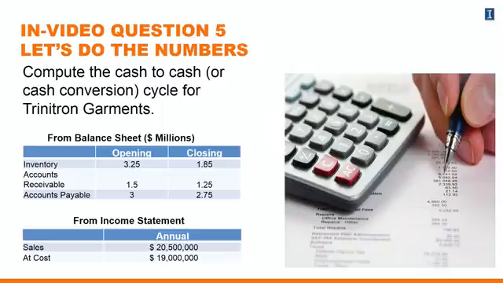And in addition to having information about inventory, now we also have information about the accounts receivable, the opening and closing, and the accounts payable, the opening and closing for that. So take this information and calculate the cash-to-cash cycle for Trinitron Garments, and see what you find.